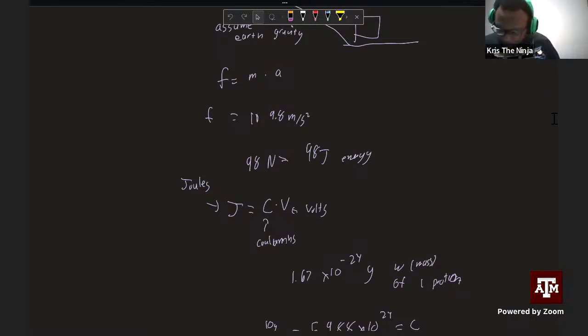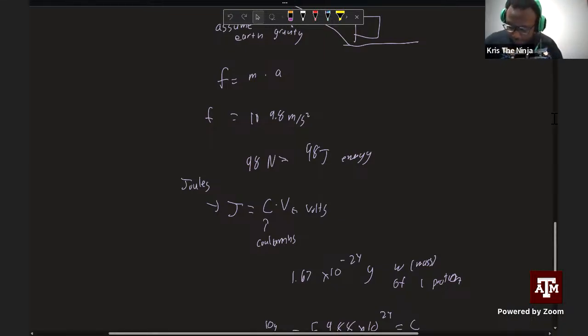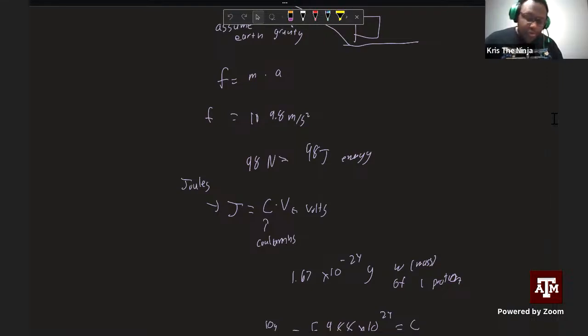So you would have 98 joules divided by this value. That equals your amount of volts. So if you divide by that, you have a voltage of 1.637 times 10 to the negative 23 volts.